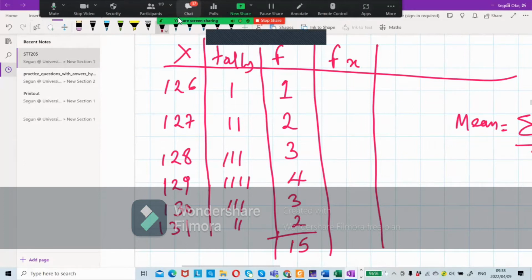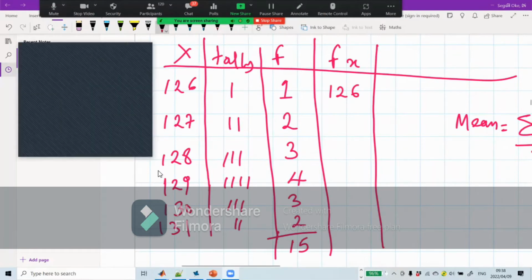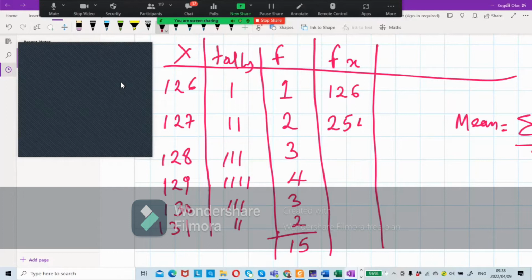126. Then 254, 384, 516, then 390, then 252, then 262.